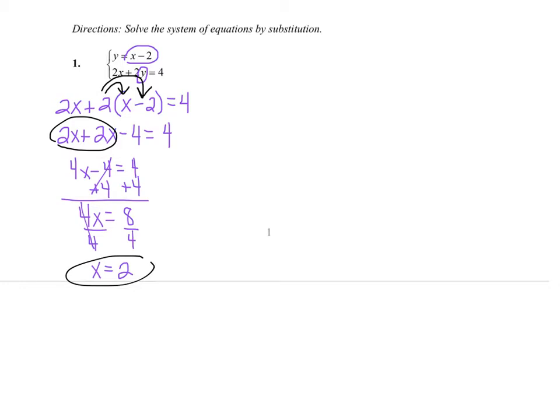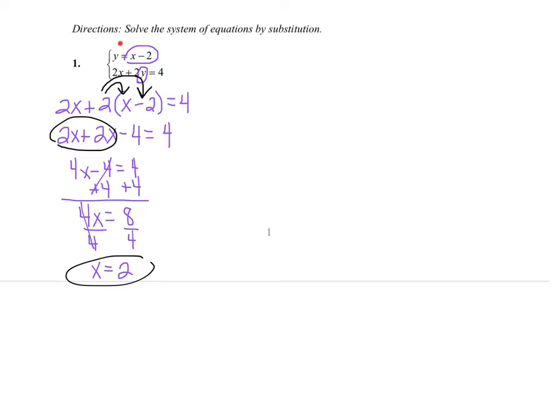So we just did step 2, solve for that variable. Step 3 is then substitute the answer to solve for the other variable. Now you can substitute this answer, which is x equals 2, into either equation, the first equation or the second equation. Now I'm going to think to myself, which equation looks easier to replace x equals 2 to find your y?